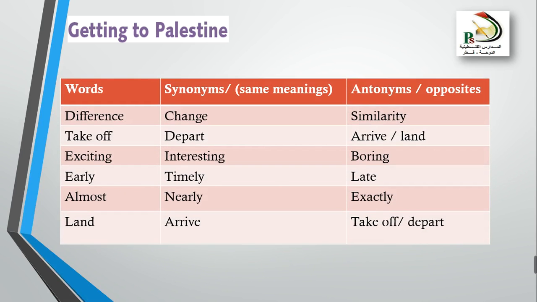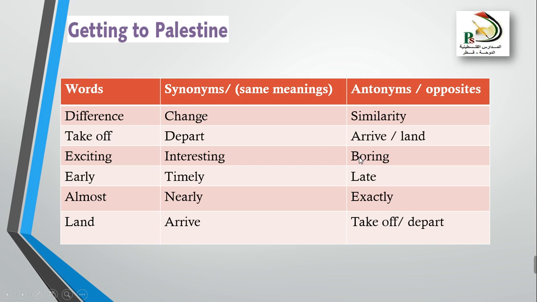The first one is difference. What is the synonym of difference, or what is the same meaning? The synonym is change. And what is the antonym, the opposite? Similarity. Take off, the synonym is depart, and the antonyms are arrive or land. Exciting, what is the same meaning?